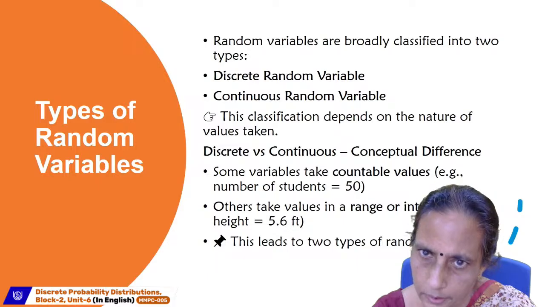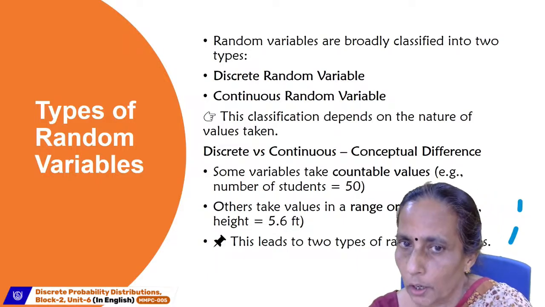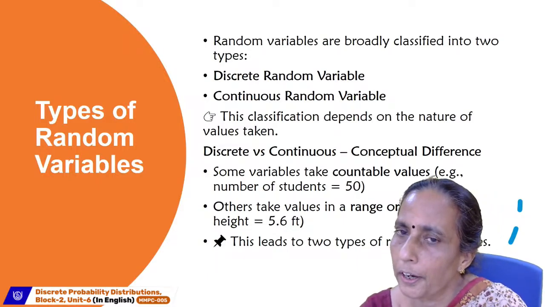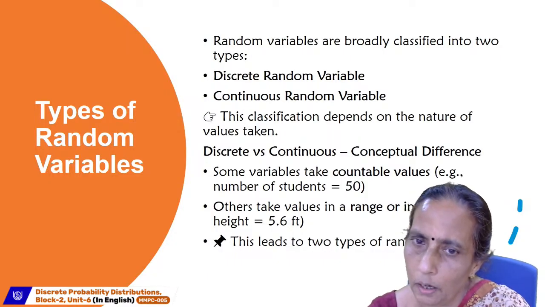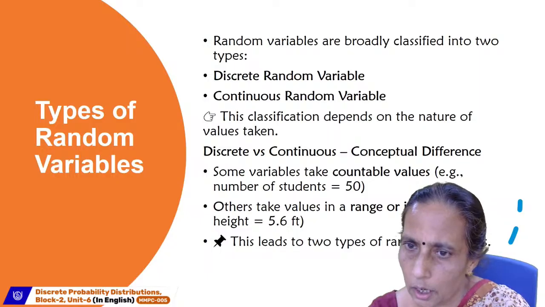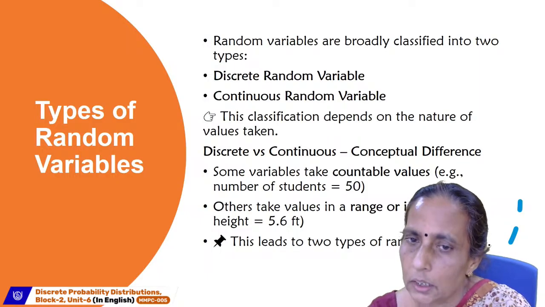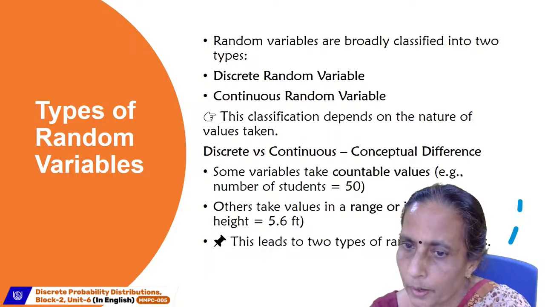Next. Random variables may be classified into two types: one is the discrete random variable, one is the continuous random variable. This classification basically depends on the nature of the values that the random variable takes.